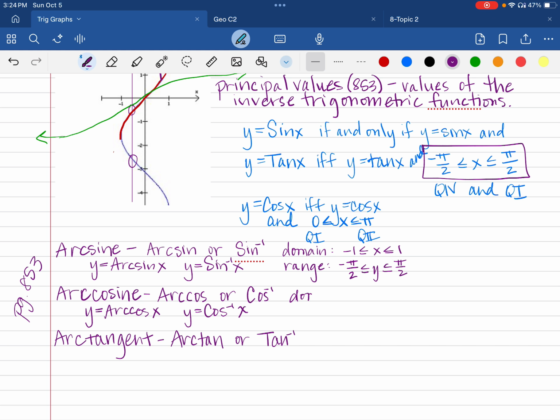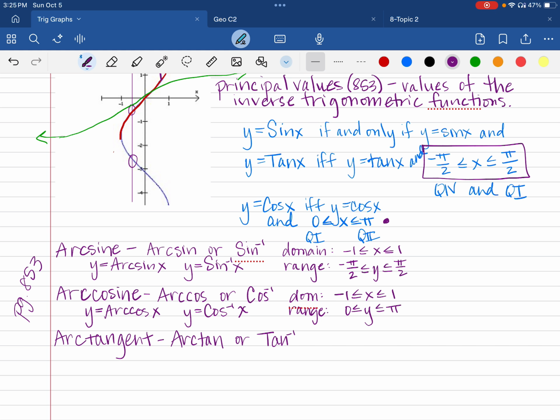The domain for these is also -1 to 1. And here your range corresponds again to the principal values. So it's going to be from 0 to pi.